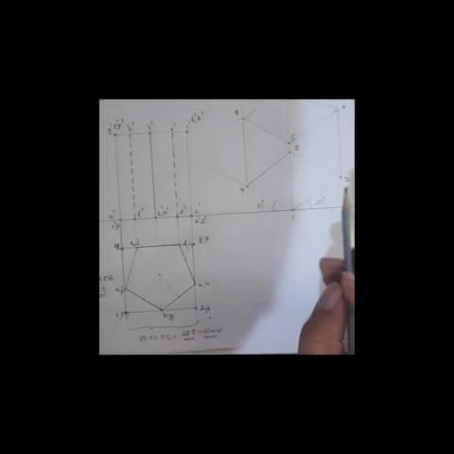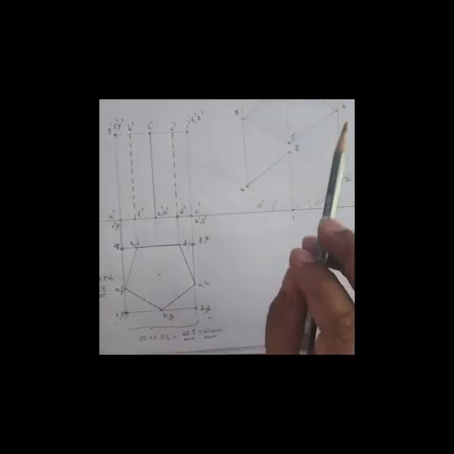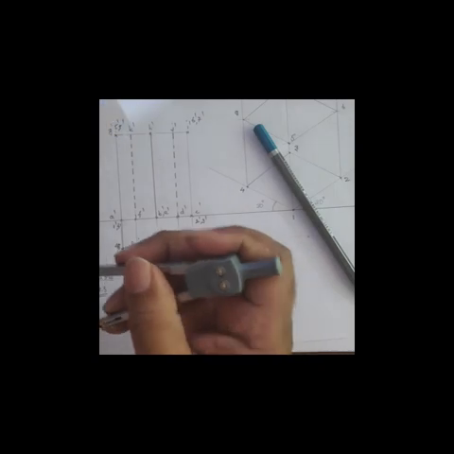Now, how will you locate the pentagon inside this cage? For that, you consider point B. Point B is the midpoint of edge 1, 2. So, this dimension is 41 mm, and the midpoint of 41 is 20.5.